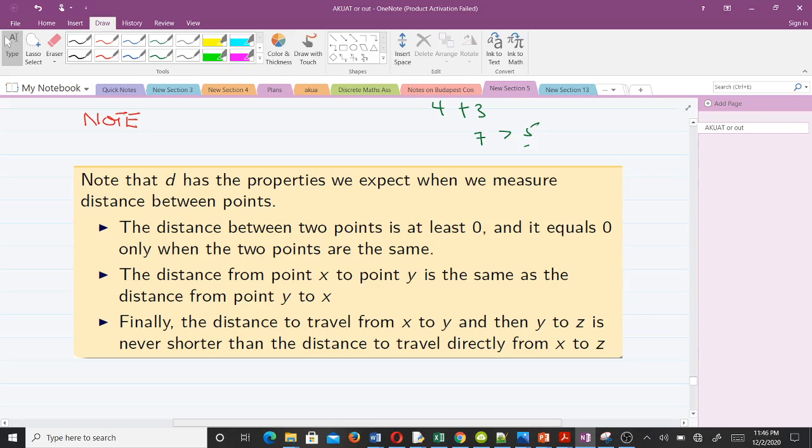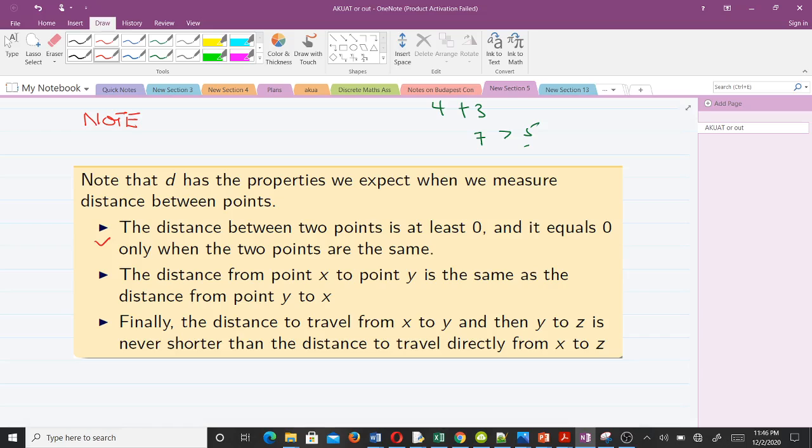So note that d has the properties we expect when we measure distance between points. So the first point says the distance between 2 points is at least 0, and it equals 0 only when the points are the same. Okay, I've said that already.